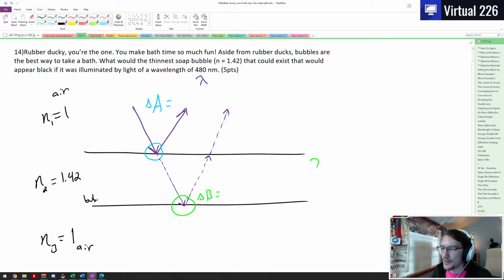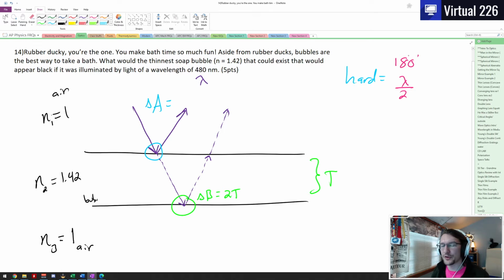We have the thickness of the bubble it's going through twice, so there's twice the thickness, and then there's the reflection. If we have a hard reflection, hard reflections cause a phase change to occur within our wave. They cause phase changes of 180 degrees, also referred to as half of a wavelength.